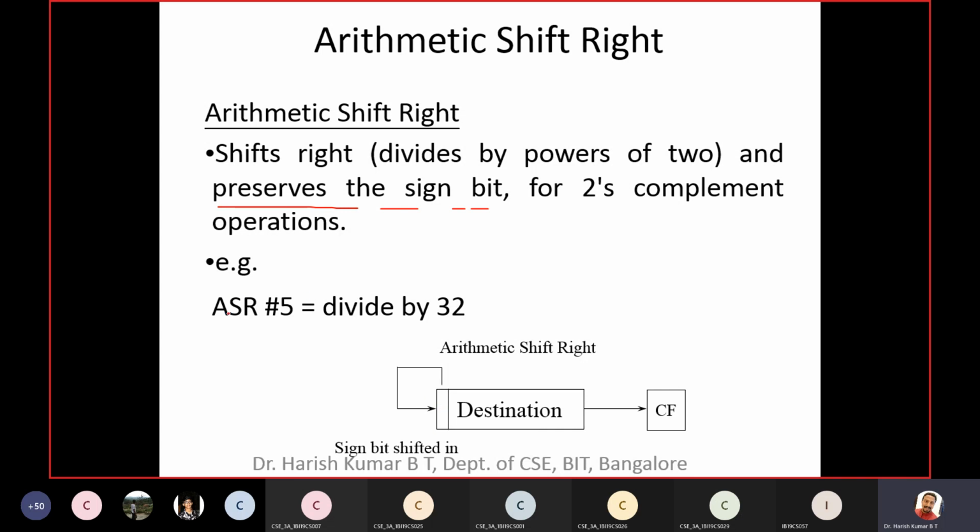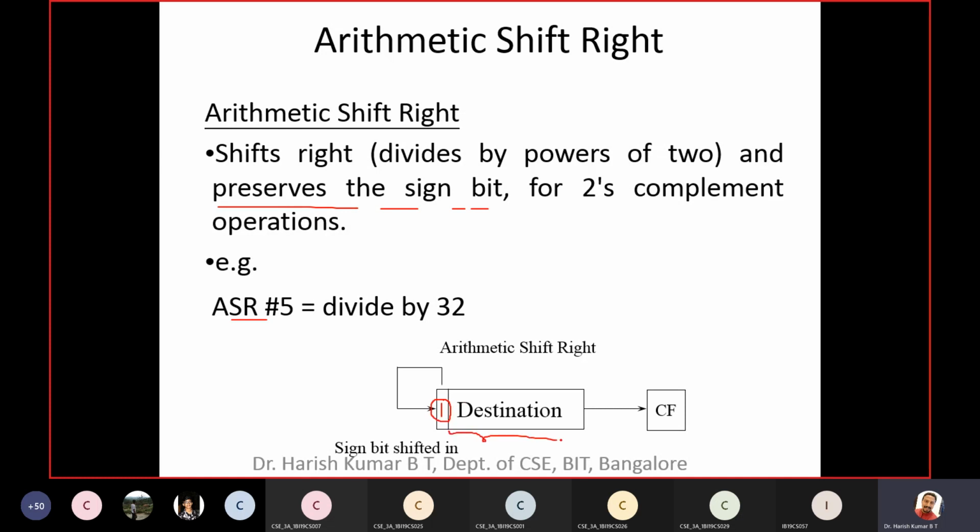Every time you're shifting right, the bit that gets shifted out from the right hand side goes into the carry flag. Say the sign bit is 1. Instead of shifting it and pushing 0 into this place, I keep this bit there itself, so it will always be 1.